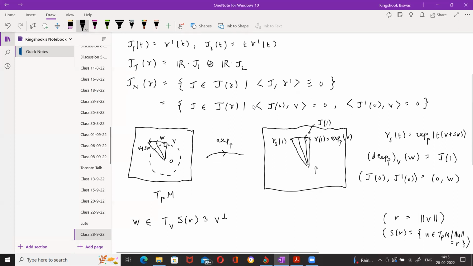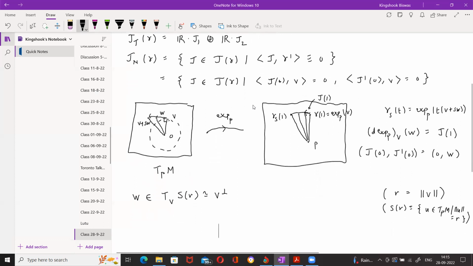This means that this Jacobi field J satisfies: the inner product of J(0) and V is 0 because J(0) is 0, and the inner product of J'(0) and V is the inner product of W and V. This is also 0 because W is in V perp, right?